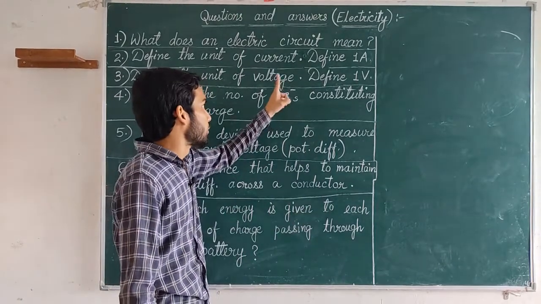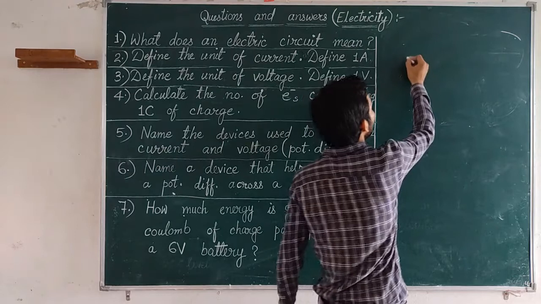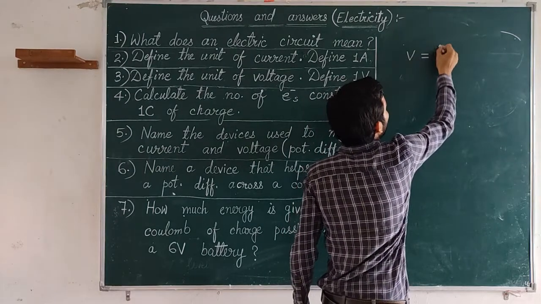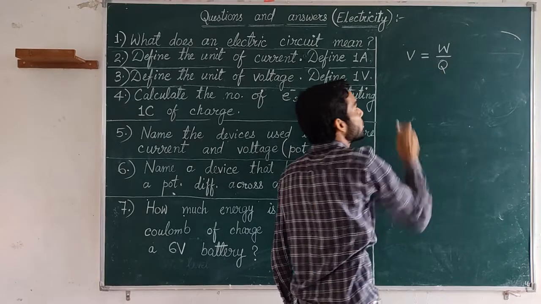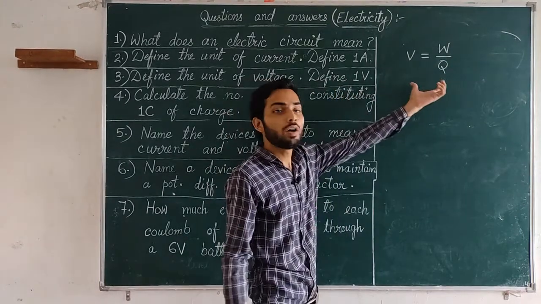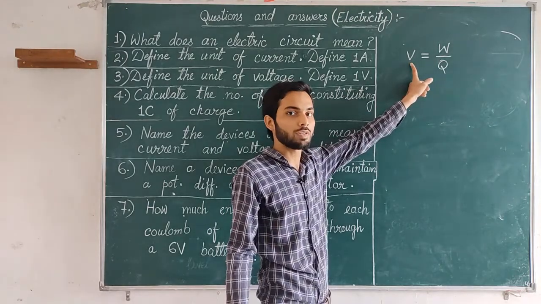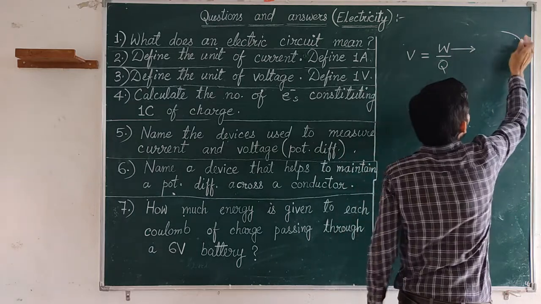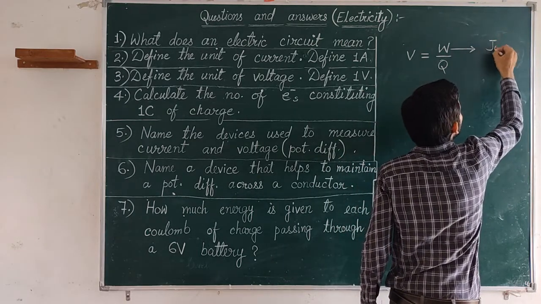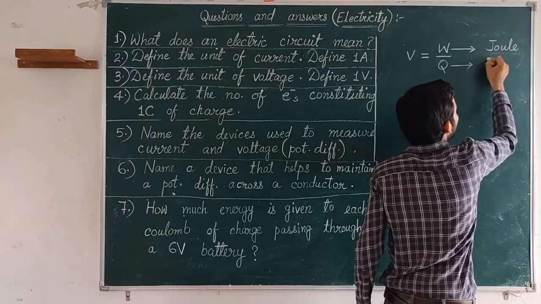The formula of voltage or potential difference, V, is given by W by Q. So from this formula we can conclude what is the unit of voltage or potential difference. The unit of work done is known as joule, and the unit of Q is known as coulomb.